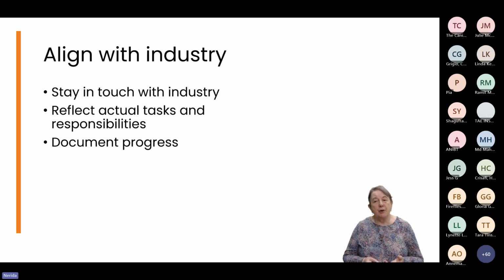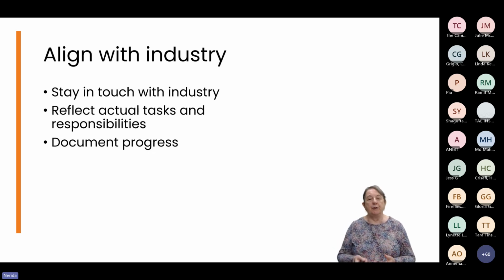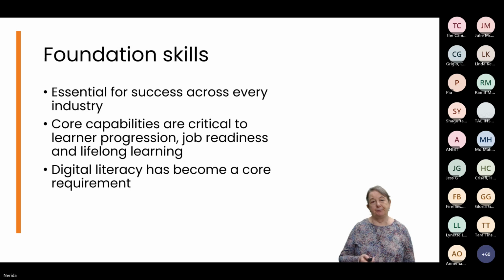If we're training tradies, make sure they're assessed on practical tasks that they actually do on site. And we need to document how our learners progress and set them up for future employment or future study. That could be through observation records, feedback from industry supervisors, or even mapping our assessments to workplace expectations.